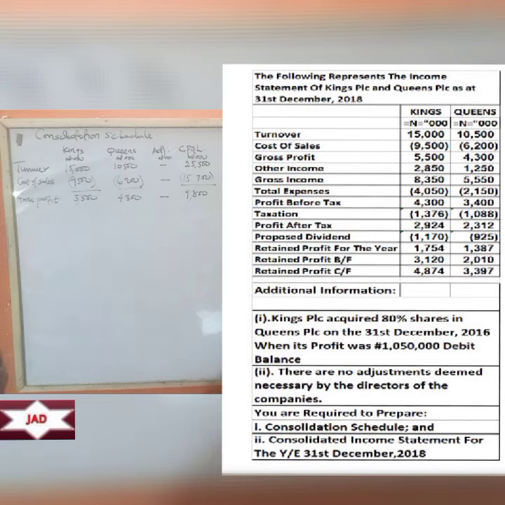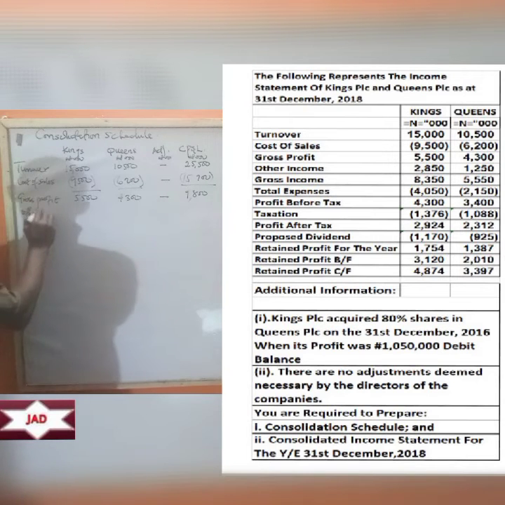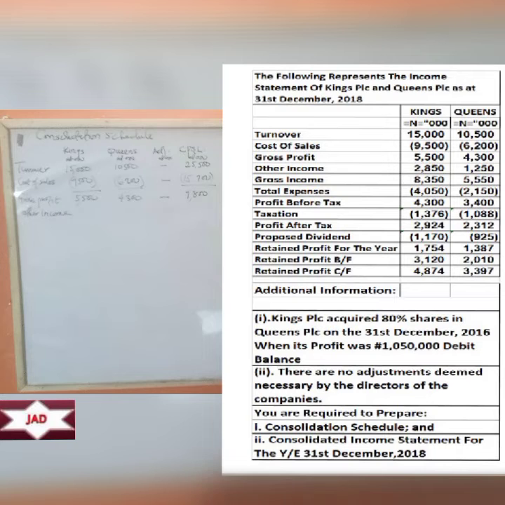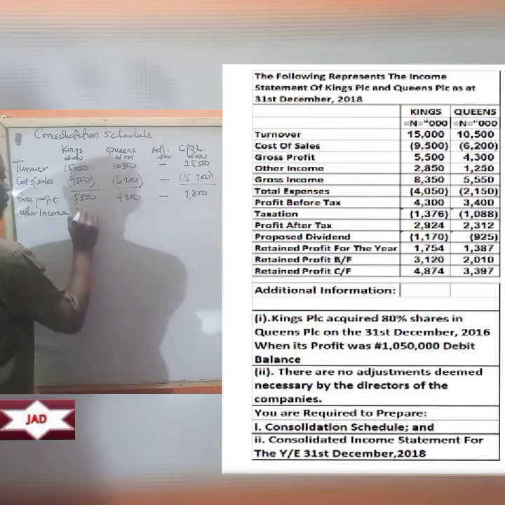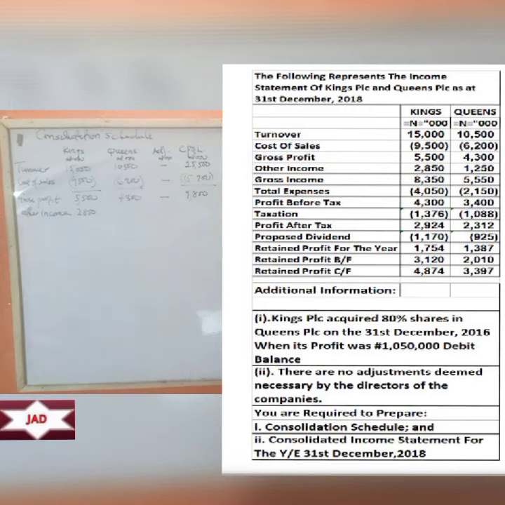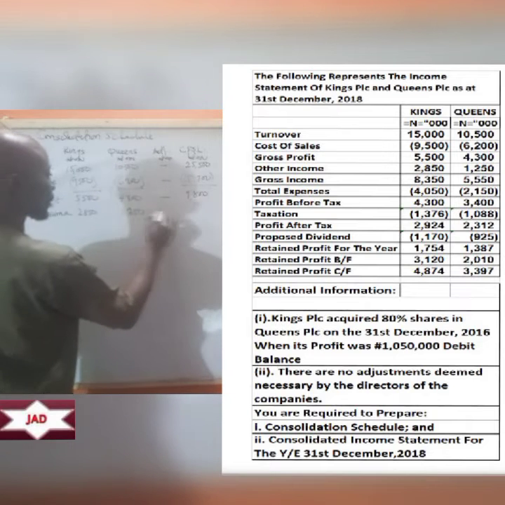So what else do we have there? We have other income. Other income, 2,850. What do we have here? 1,250. No adjustment.